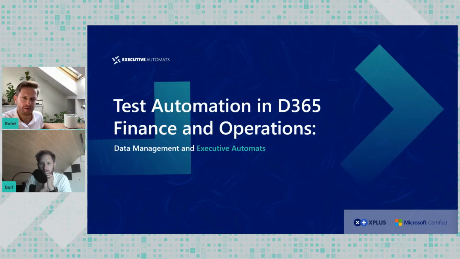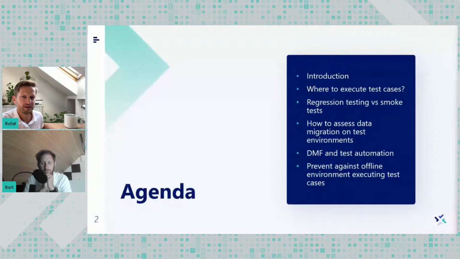I'm Rafał Nyszewski, and I will be the moderator of today's webinar, Test Automation in D365 Finance Operations, Data Management, and Executive Automats. Moving forward to today's webinar agenda, firstly, we'll do a short introduction considering data management. Then we'll give you the overview of where to execute the test cases.